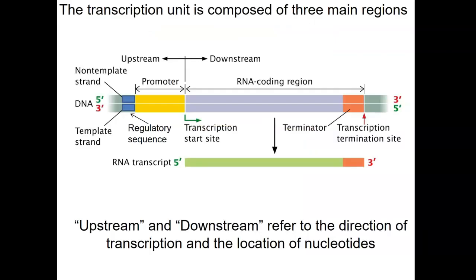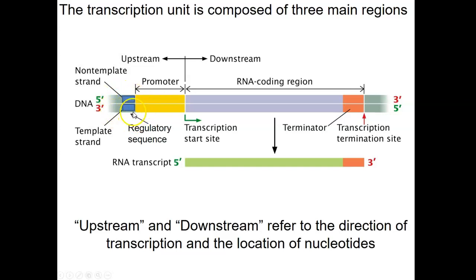All right, here's showing that region in a little bit more detail. So again, in purple is our RNA coding region that ultimately contains the portion of the RNA that will be made into protein. So just upstream, we call this upstream, just before that RNA coding region is our promoter. Again, that's where RNA polymerase is going to bind. Upstream of that is our regulatory sequence.